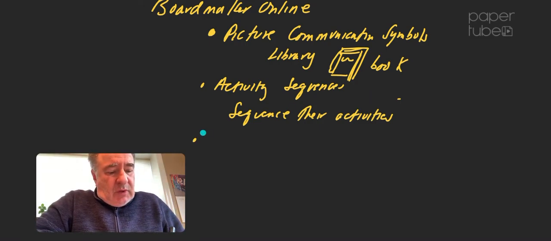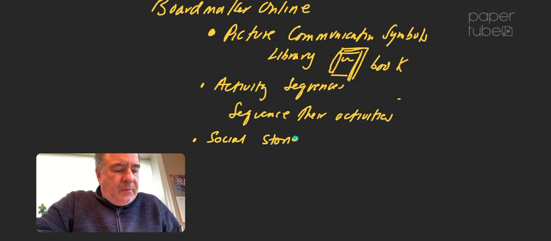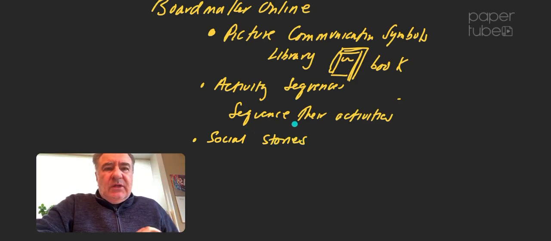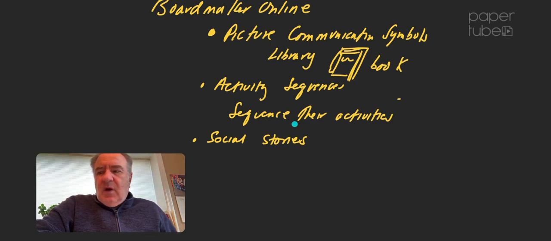Some teachers will also use pictures for social stories. And these would be opportunities for teachers to create instructions or stories to help students to prepare for an event or an activity. So imagine the student has to go to the dentist or even get a haircut, how frightening that might be for a student that might be on the spectrum.